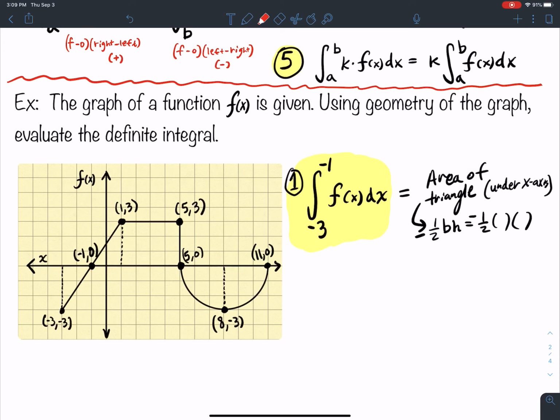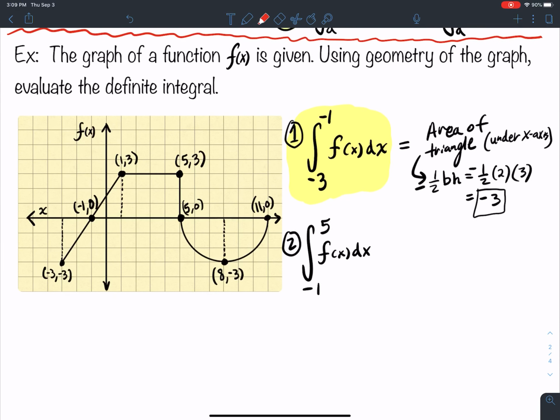It looks like it's 2. And then the height looks like 1, 2, 3. I can look at the points there and figure out that information. So -1/2 times 2 times 3 gets me -3 for the definite integral here. Okay, so I'm using geometry to help me find these definite integrals.